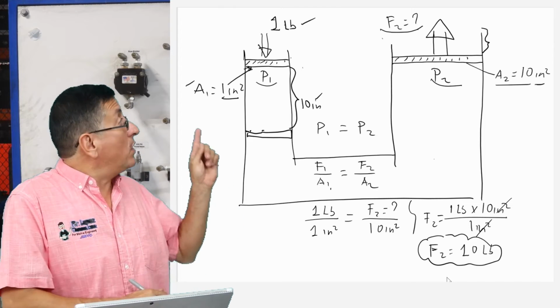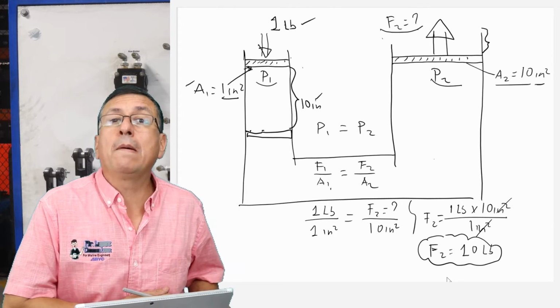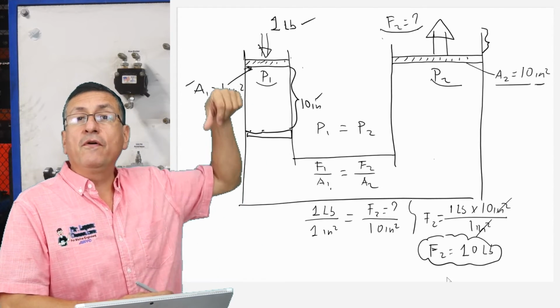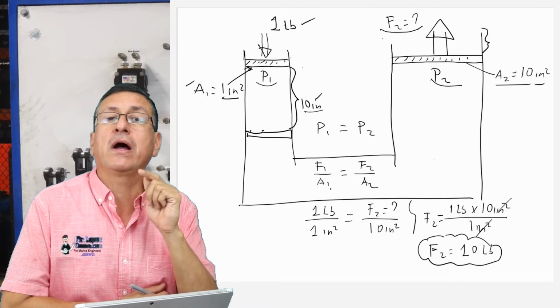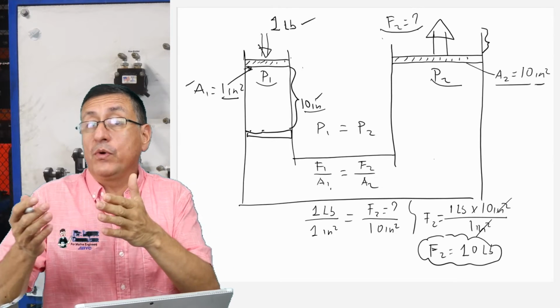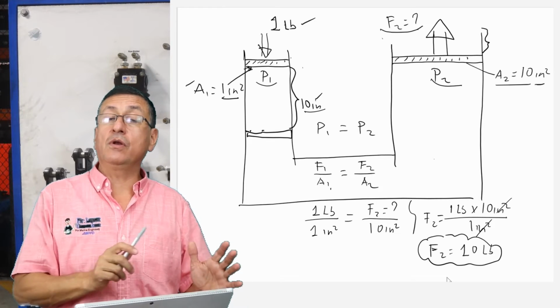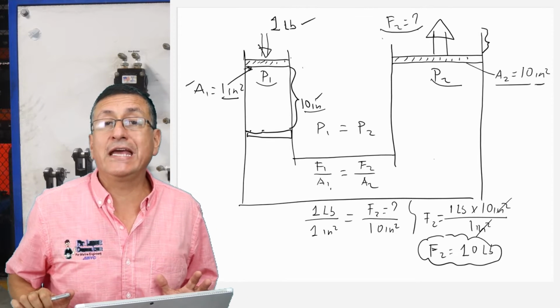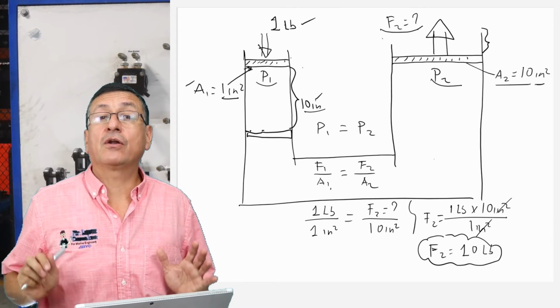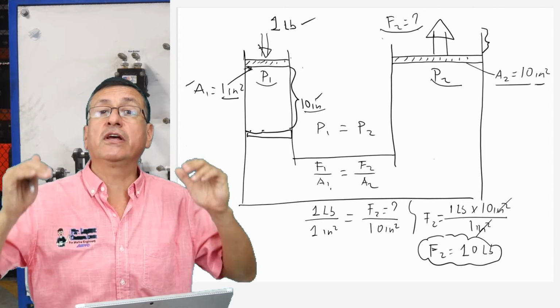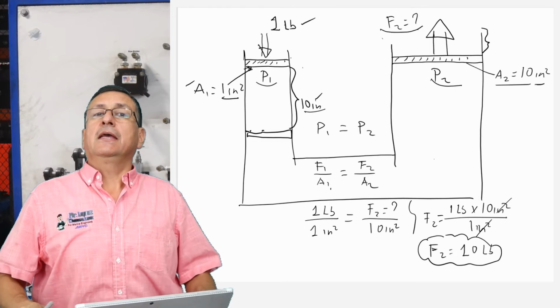Yes, we apply in the first position 1 pound, and we move cylinder number 1 down 10 inches. Now we are going to calculate what happens in the second position. We calculated previously that the output force is 10 pounds. And now we calculate how much distance the second cylinder moves.